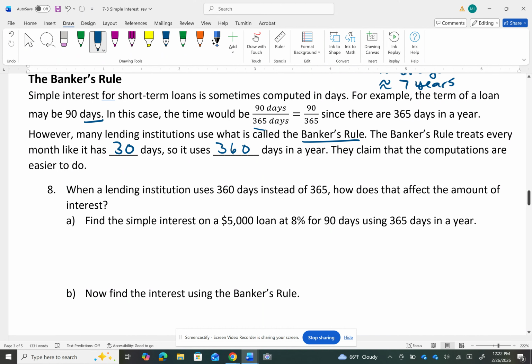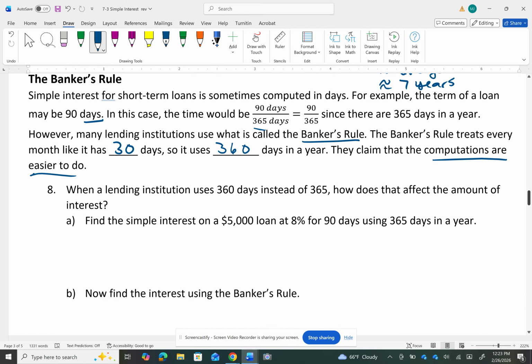Now, 360 is a number that a whole lot of things go into. That's what makes the computations easier to do. 360 divided by 2, 4 goes into it, 5 goes into it. There's just a bunch of numbers that go into 360 evenly.